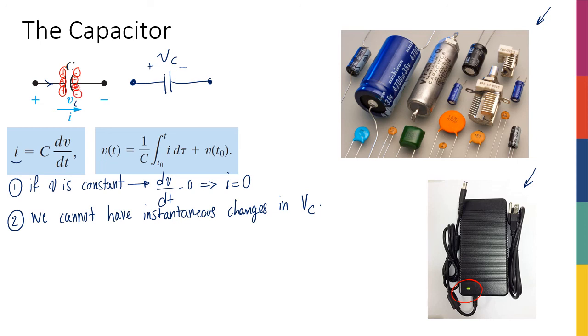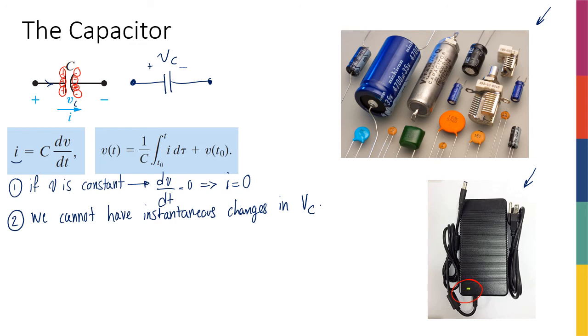These charges don't go away immediately. That's why we cannot change the voltage of a capacitance immediately. As long as you have some of these charges left, you might have that little light on the charger or any other electronic device on for a few moments. So it's a practical perspective on this.